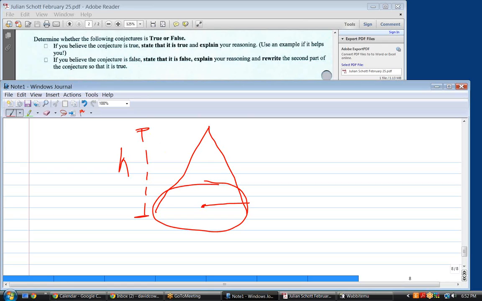What do you think is going to happen if I double the radius to the volume of the cone?